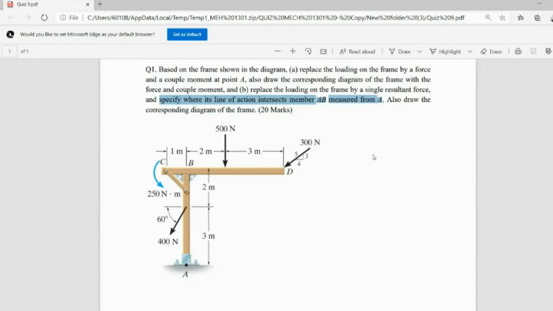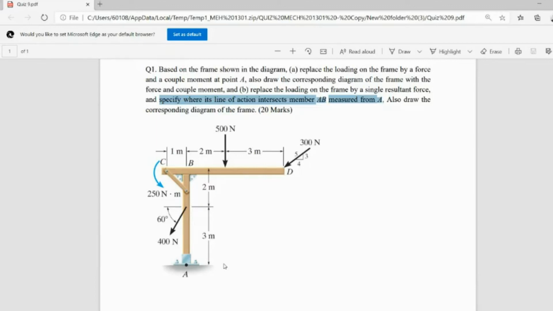Line AB, the vertical member from A to B. Where will FR cross that beam, the beam AB? What position, measured from A, meaning that distance d is from A upwards? So what is the distance d?